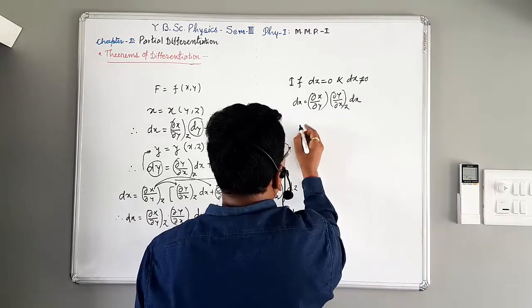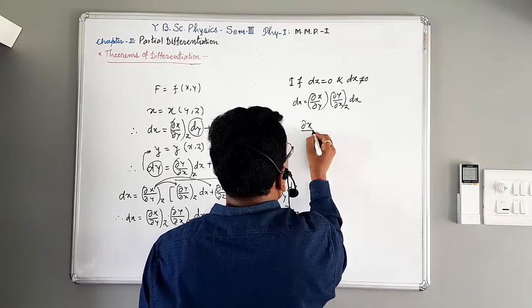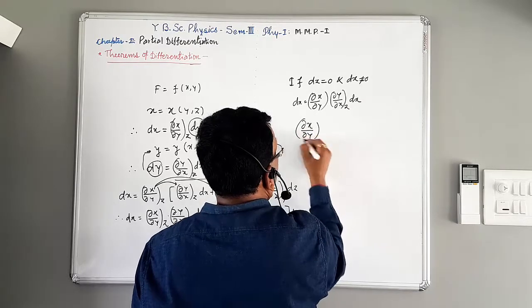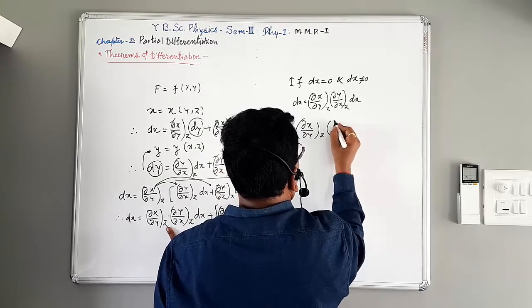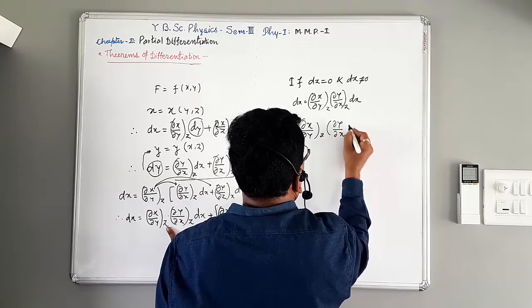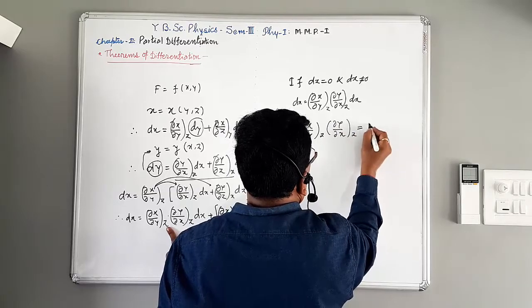And this equation gives us delta x by delta y at constant z into delta y by delta x at constant z is equal to 1.